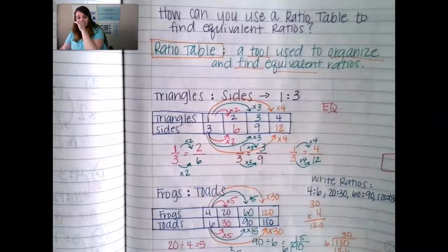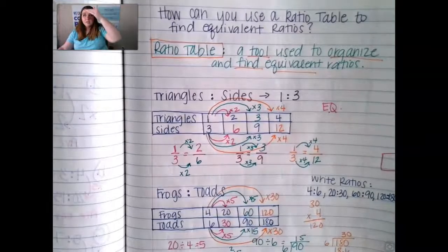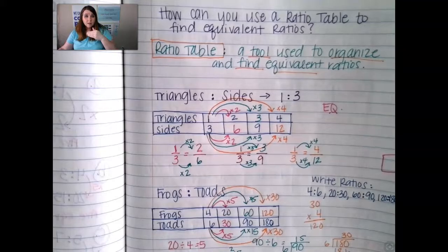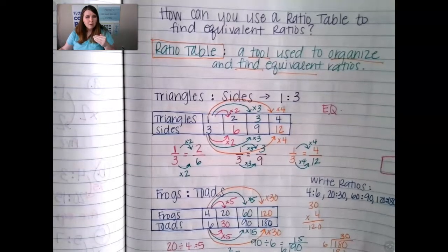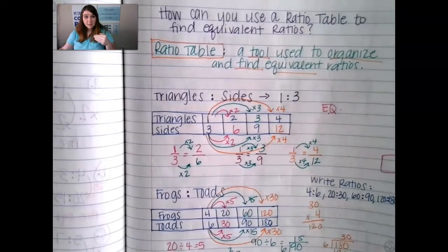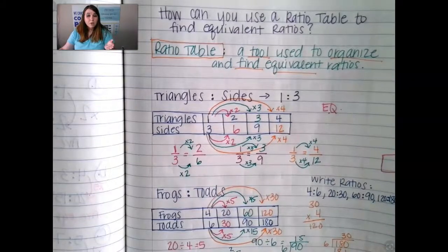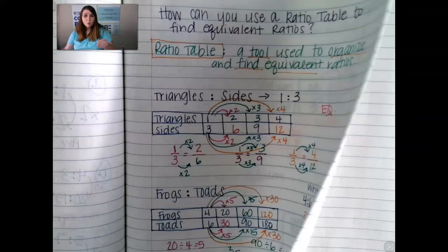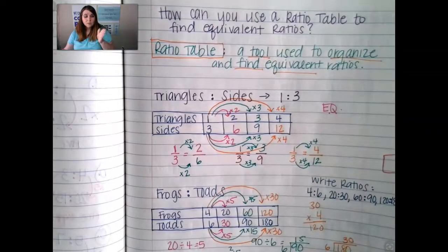Today we're going to look at when they're set up vertically, because sometimes they'll give you tables that are set vertically. So we're going to build upon our lesson from yesterday and look at how to do it when they are set up horizontally or vertically. So instead of horizontal comparisons, we're going to look at vertical comparisons.